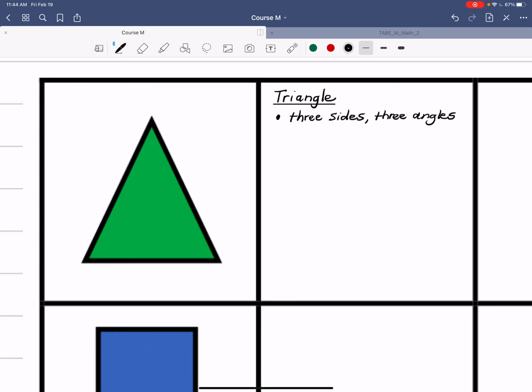So triangles have three sides, three angles. Any triangle's angles add up to 180 degrees. And we're going to be using that fact in one of our problems, one of our examples. This is very important that you know that the angles add up to 180.